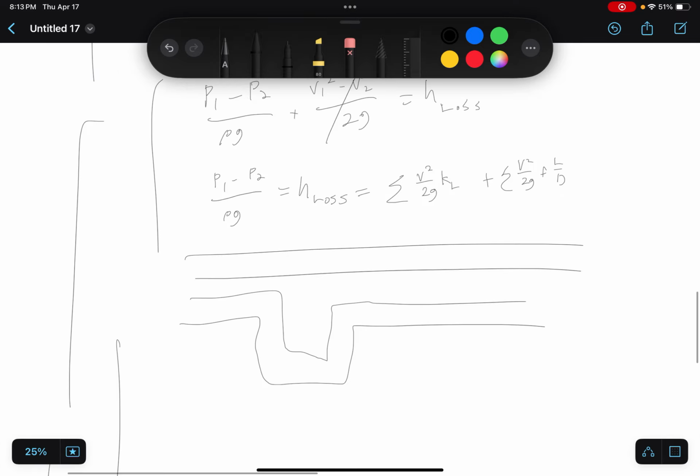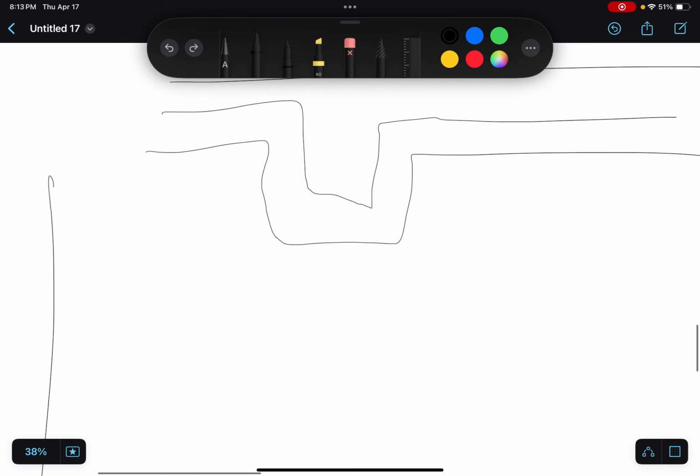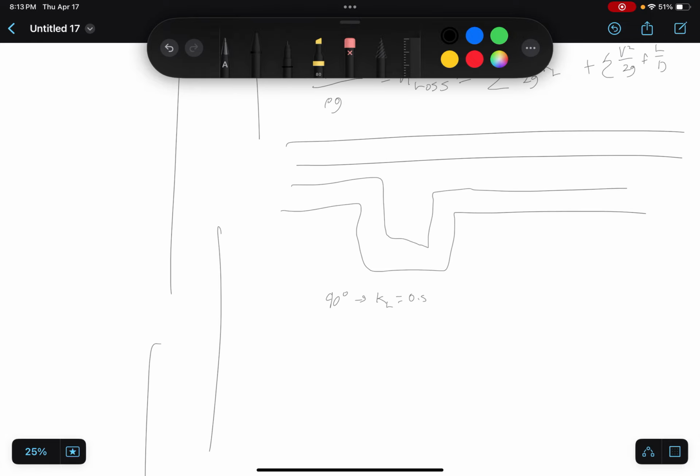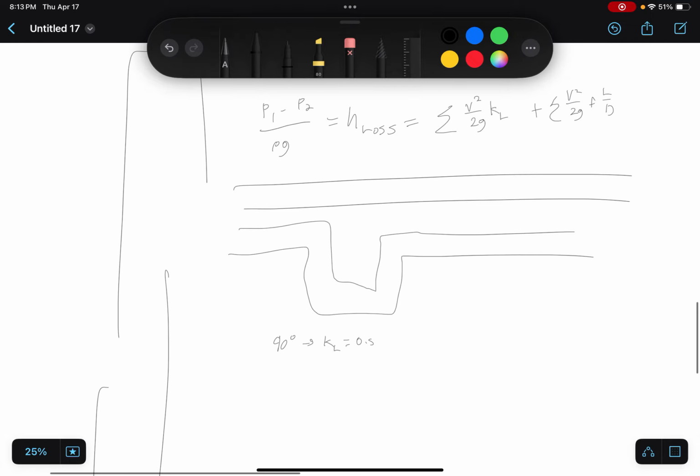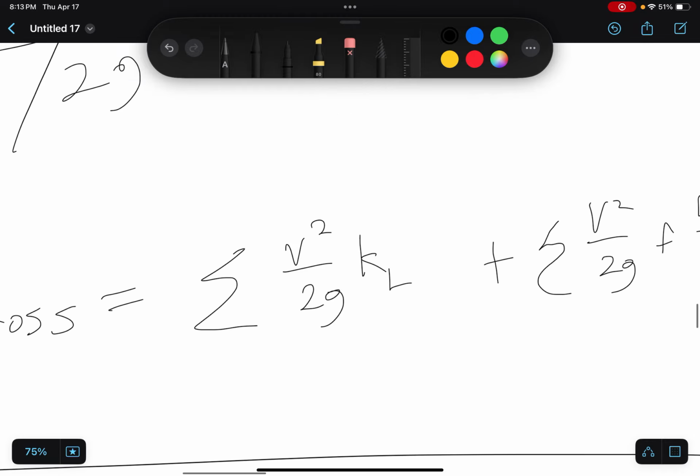So you can literally Google these K_Ls or look them up in a textbook. They have tables. Like they'll say a 90-degree turn is a K_L of 0.5 or whatever. It's just a fixed number. So for this example, there's 1, 2, 3, 4, so K_L would be 4 times 0.5.